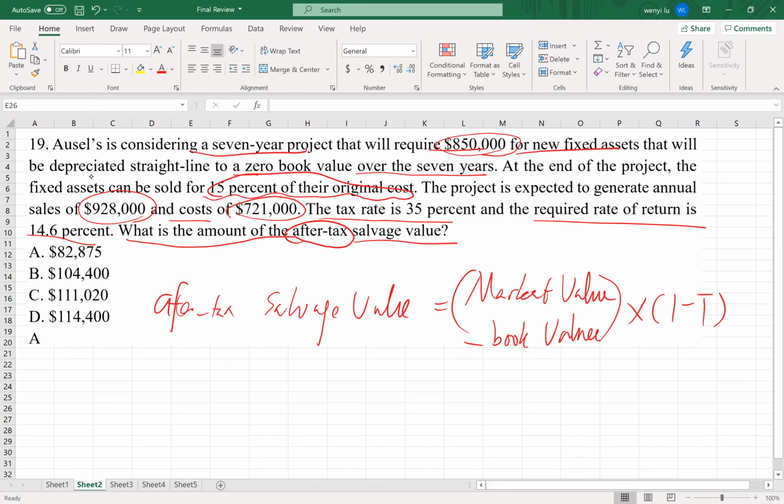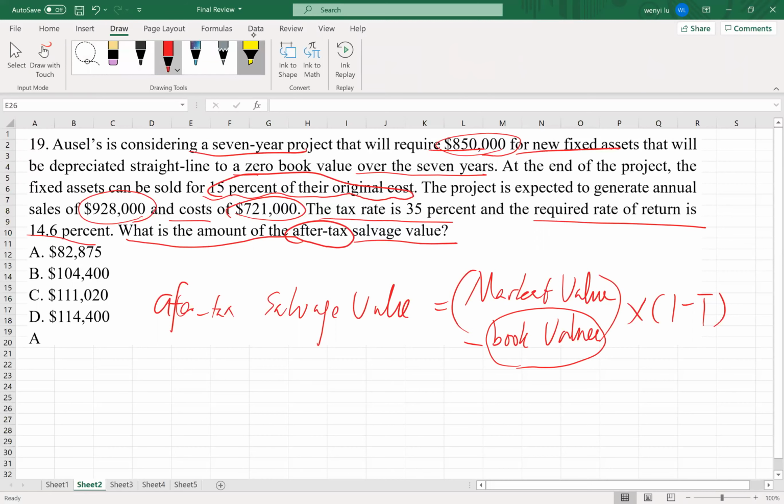The salvage value is the difference between the market value of your fixed asset at the end of the period minus the book value still on the books. But you see in the question, when the project ends in the 7th year, your asset has 0 book value. So our book value for this asset will be 0.